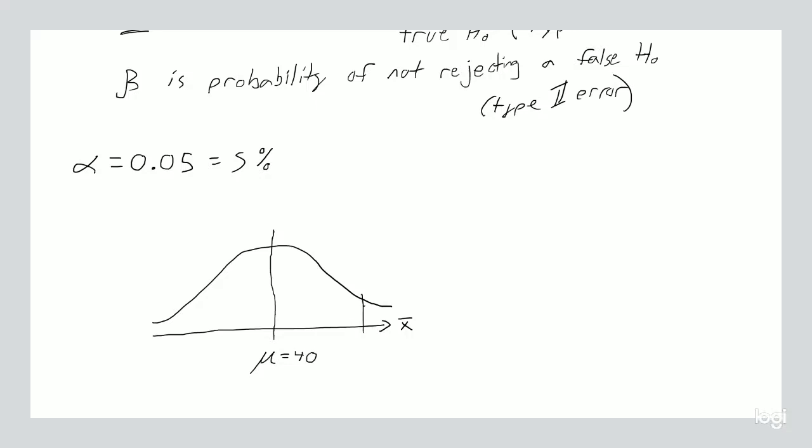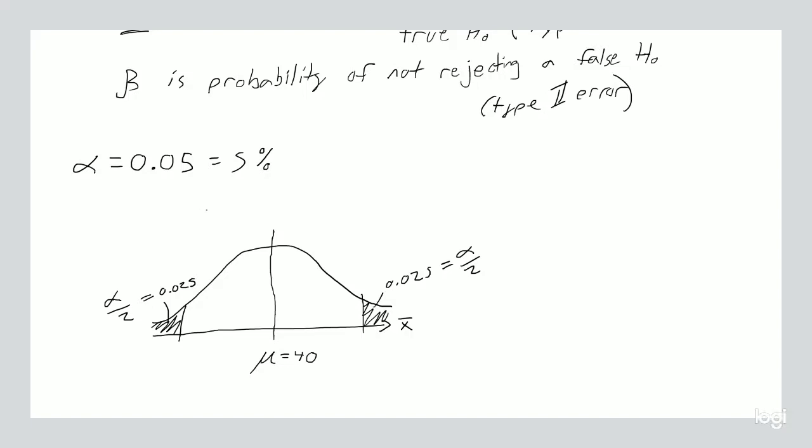But there are these two tails, okay? 0.025 is the probability that we are at the upper tail, and 0.025 is the probability that we're at the lower tail. Now notice this is alpha over 2, and this here is also alpha over 2. Okay? They add up to 0.05.